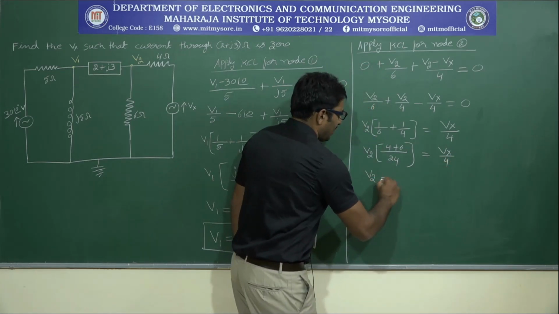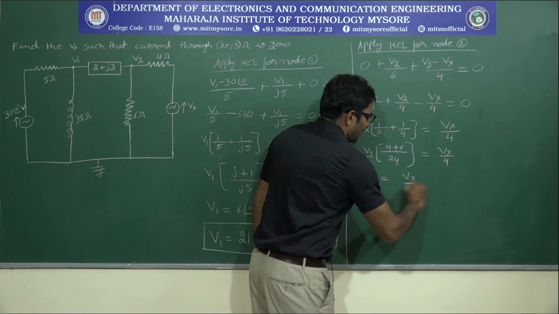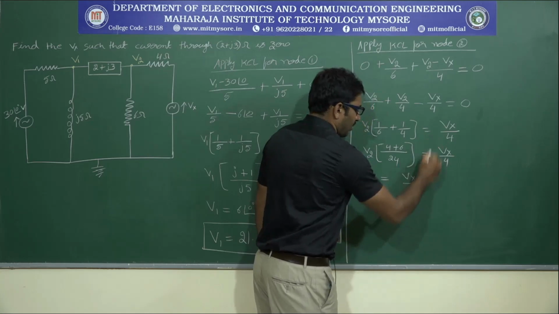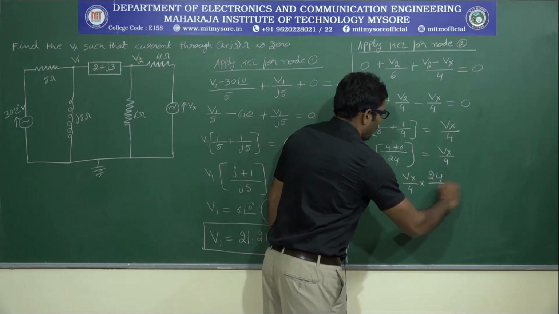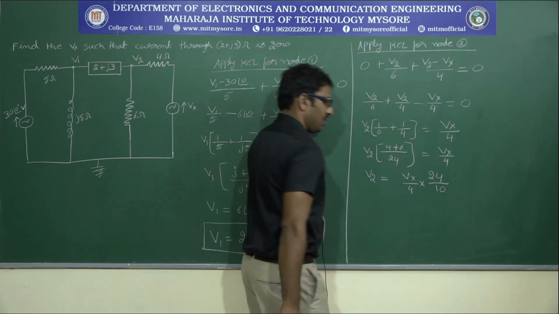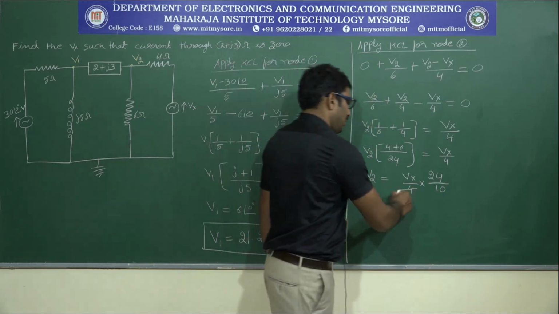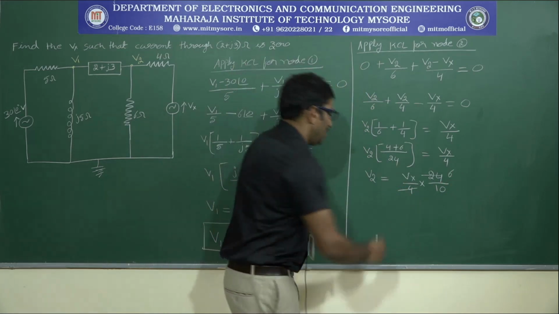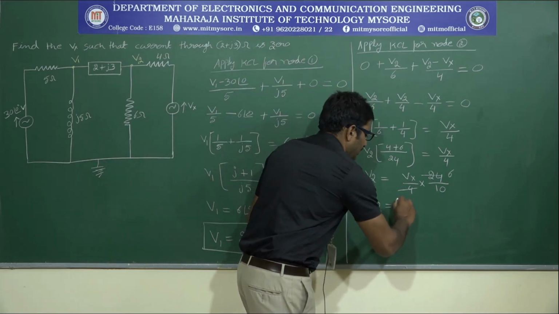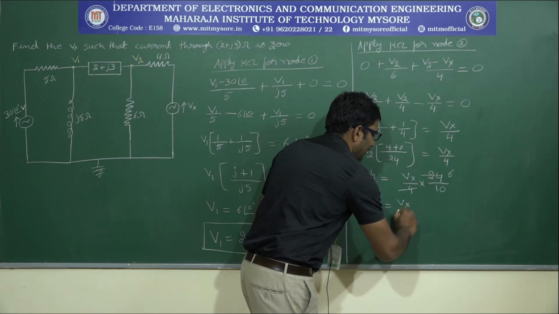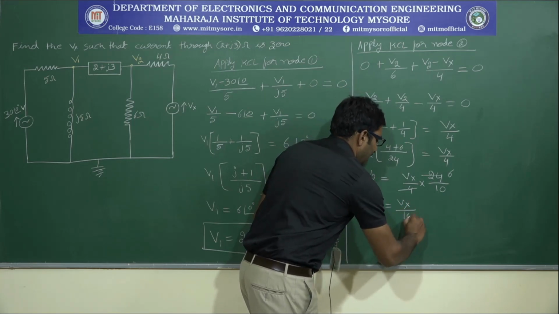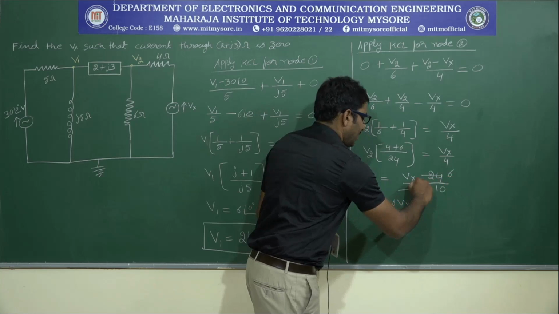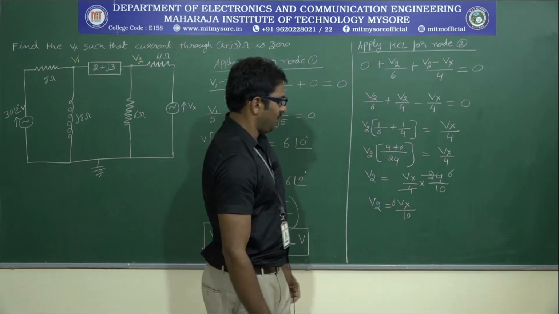Next, V2 is equal to Vx by 4 into, cross multiply this, 24 by 10. 4 sixes are 24. Therefore, V2 is equal to Vx divided by 10. So Vx equals 6 into Vx divided by 10.